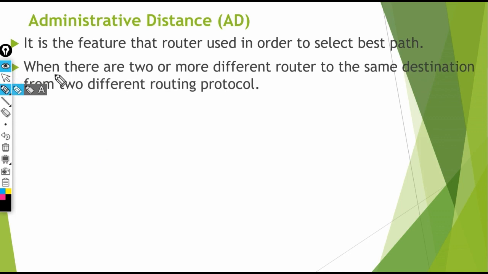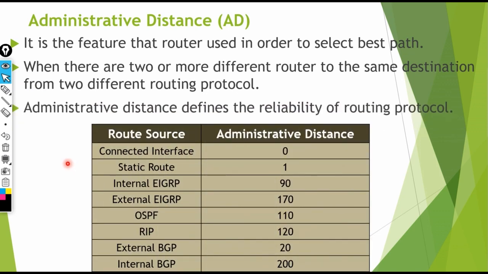Make sure, this is the scenario when there are two or more different routes to reach the same destination from two different routing protocols. In that case also, your administrative distance is going to help. Read this: administrative distance defines the reliability or trustworthiness of your routing information.